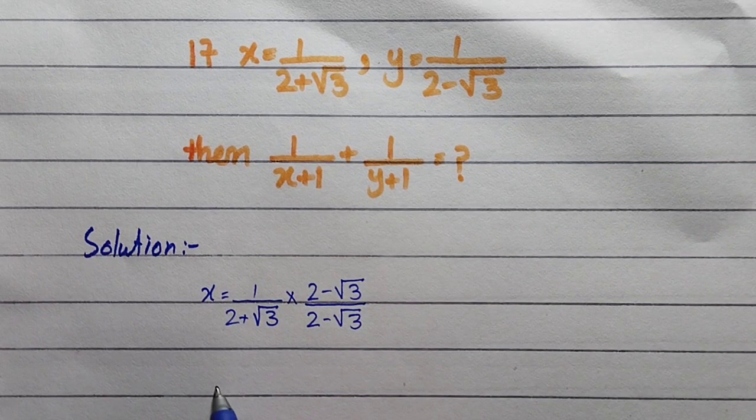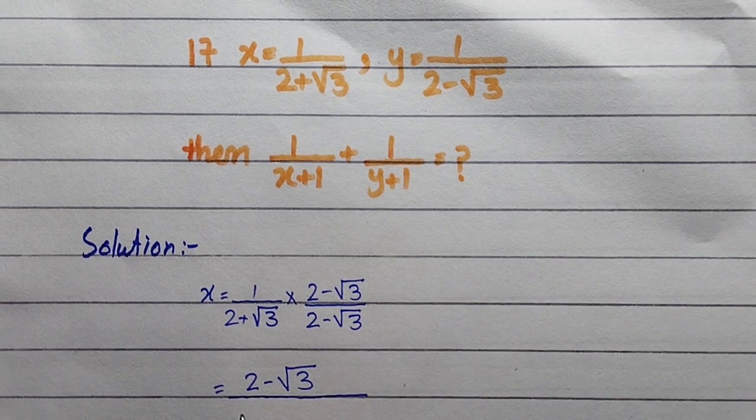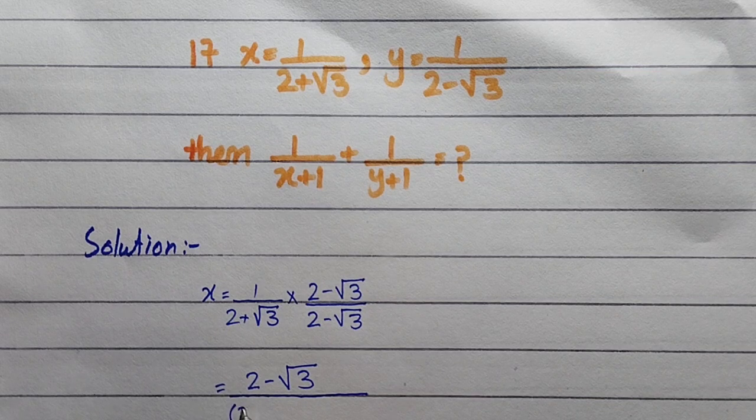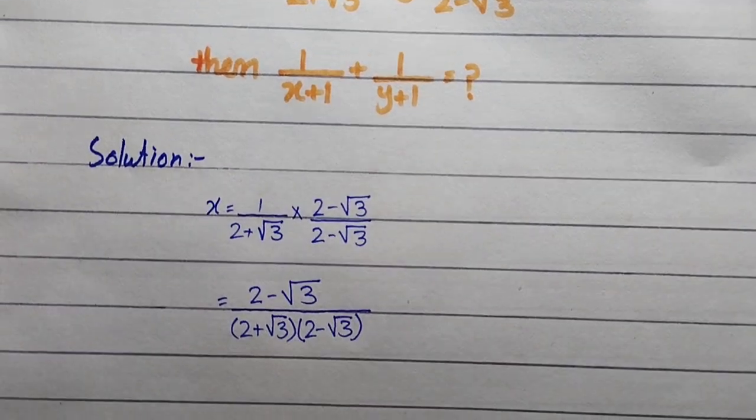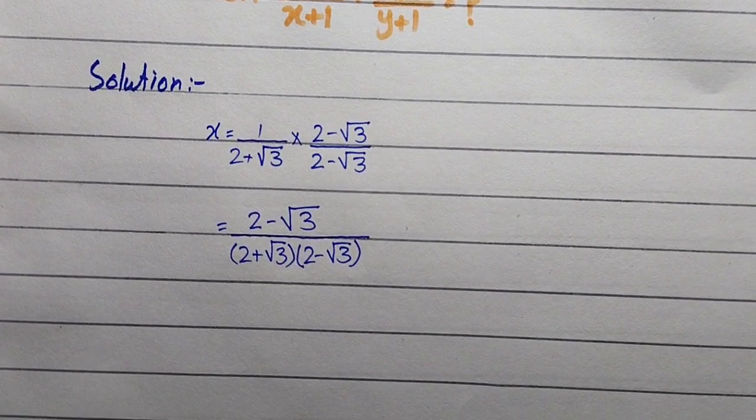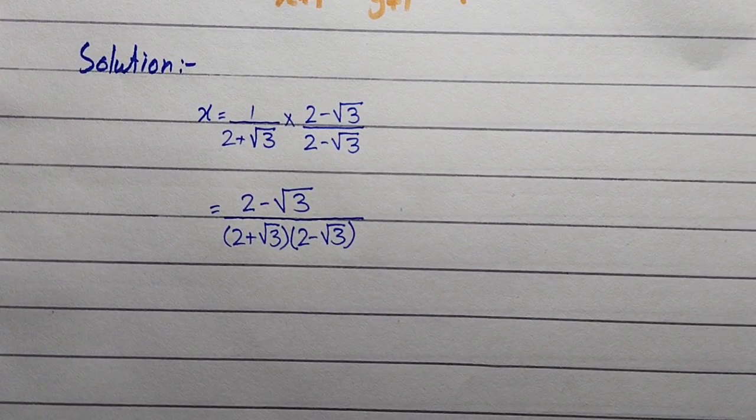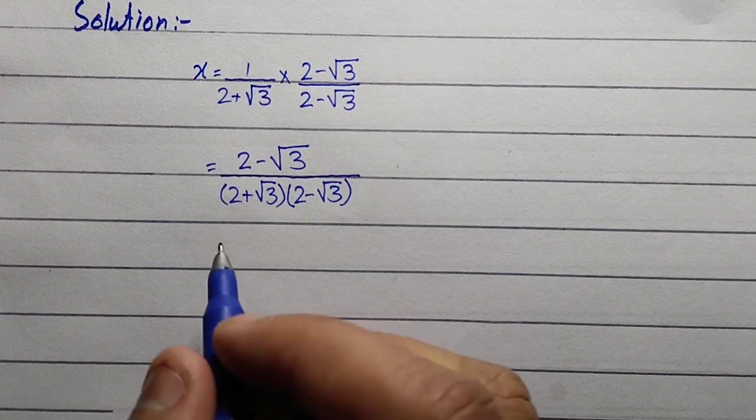Now this can be written as 2 minus root 3 divided by 2 plus root 3 times 2 minus root 3, and this is similar to the difference of squares formula.